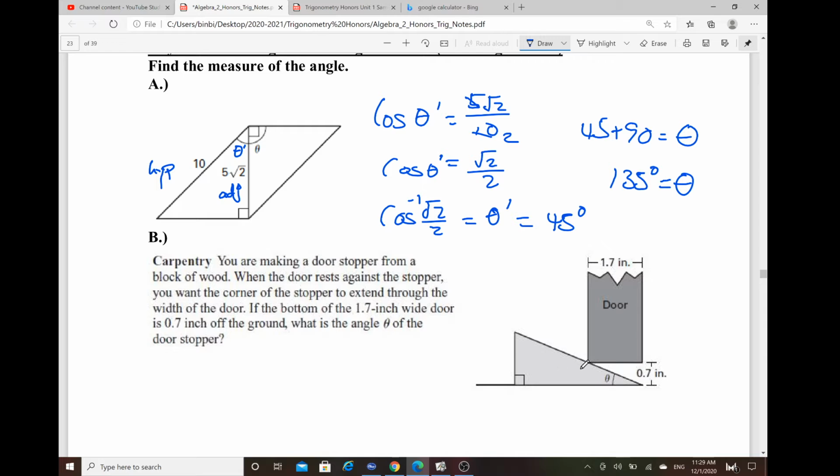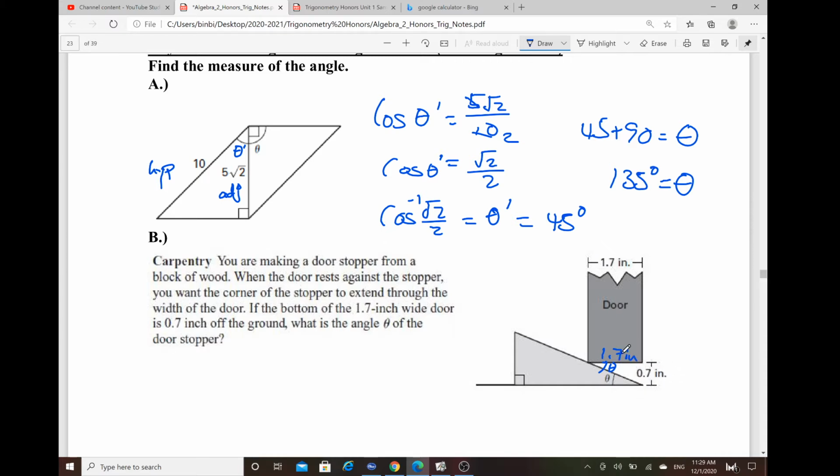One thing that we notice: if two line segments are parallel, that means the alternate interior angles have to be exactly the same. These two angles right here are alternate interior angles, so this one is also considered theta. And one thing that we notice about the width here is 1.7 inches, and this one is 0.7.